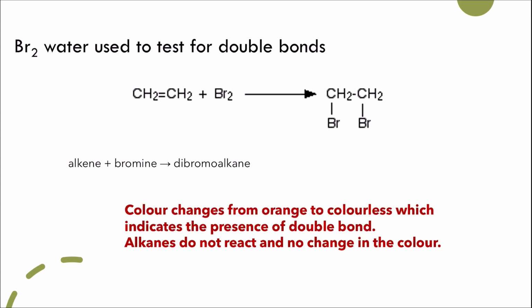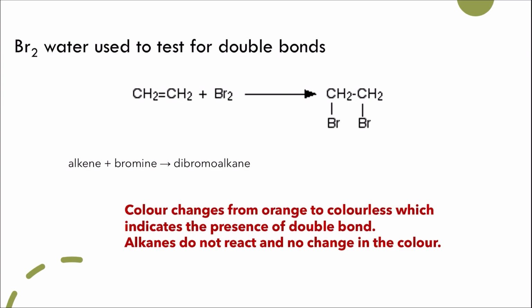If the color disappears, then that means there is a double bond in your substance, your mixture or your sample, whatever the nature of that sample is. This is because bromine will react with the double bond to give you the dibromoalkane, and then the color will disappear.